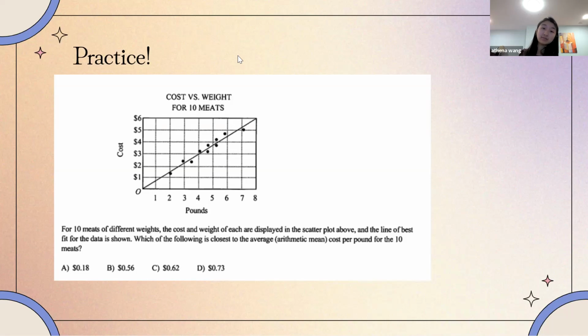This should have been pretty fast. Again, we see a line of best fit. Which one is closest to the average arithmetic mean? It's basically the slope of this line, because it's the cost over the pounds for each one, cost per pound.